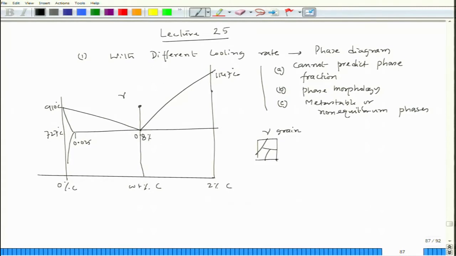and of course, polycrystals. Now, if I reach there, I would have Pearlitic transformation of 0.8% austenite. So, I would get a structure like this.